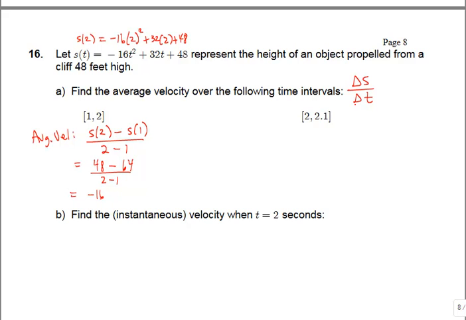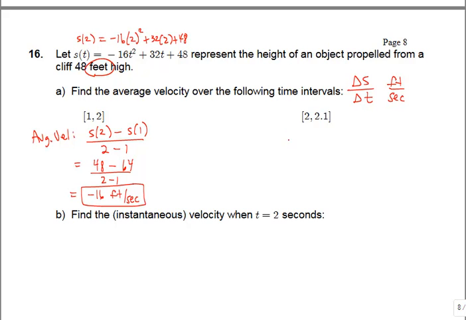Well, since it's an average velocity, which is a position over a time, these positions are measured in feet, and these times are measured in seconds. So this would be negative 16 feet per second. And the fact that it's negative means that this velocity is going in the downwards direction. This object is on its way down.